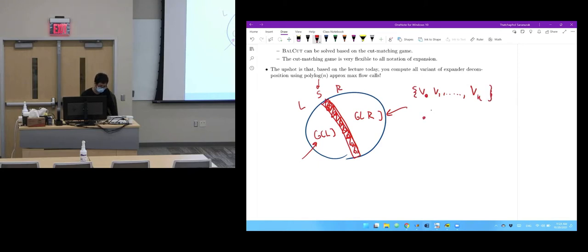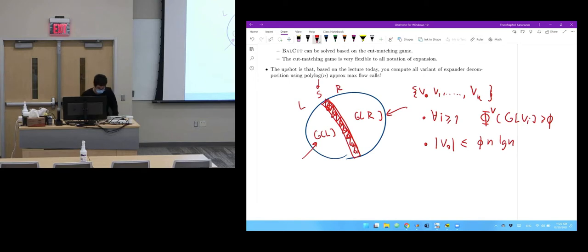Then we would have that for all i more than 1, the vertex expansion of this part is now big, and the total size of V0, how big should it be? Phi n log n. Yep. Phi n log n.